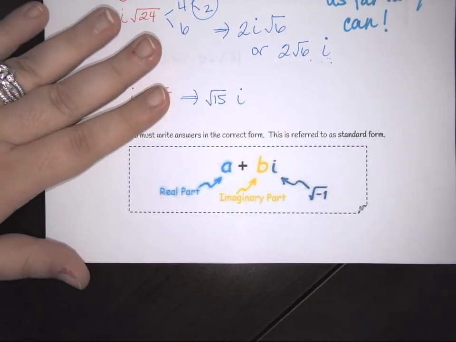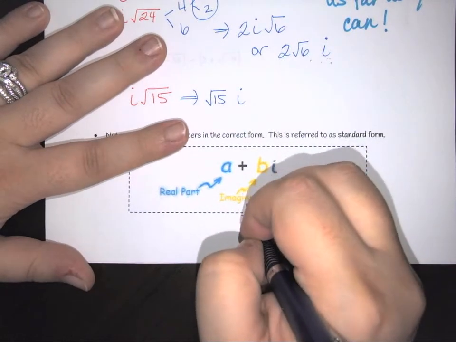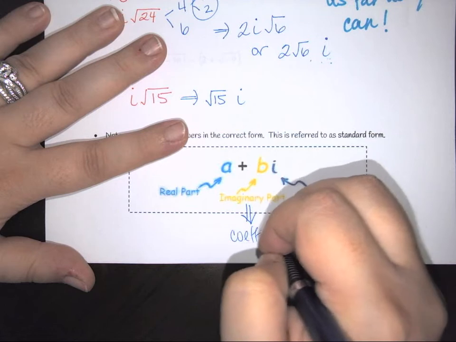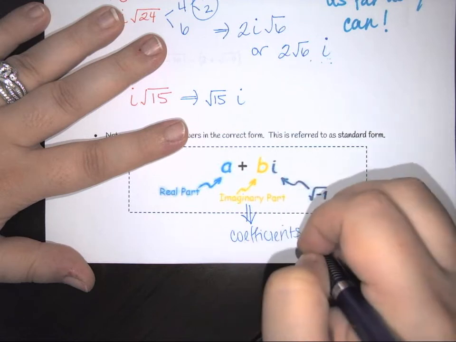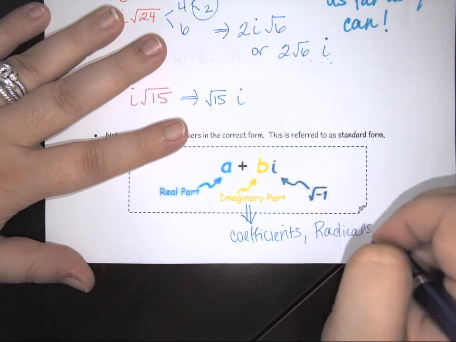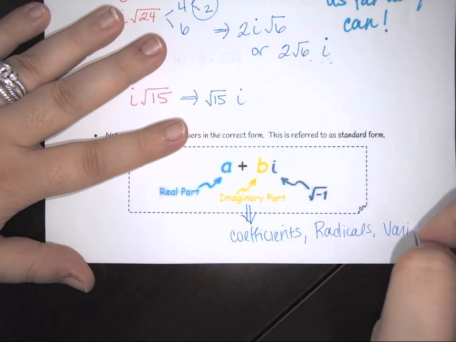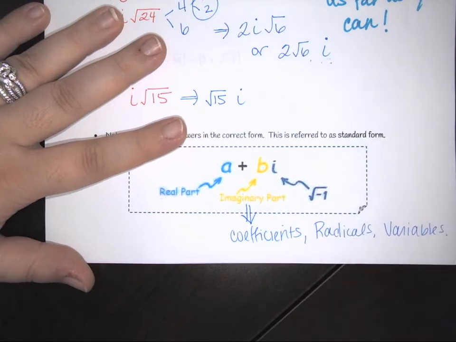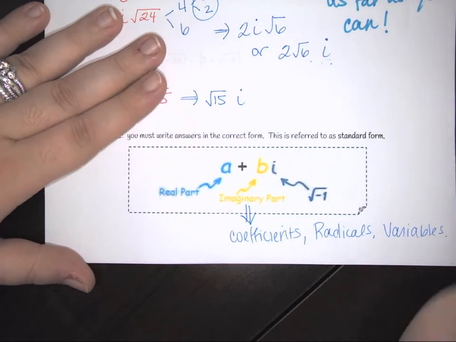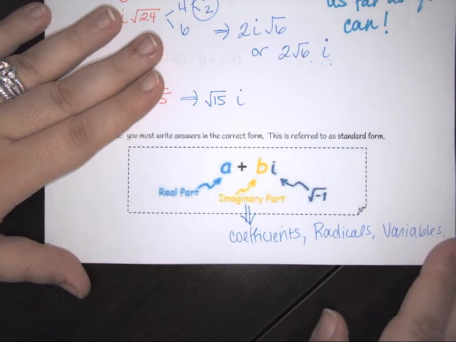So when we're talking about imaginary part, we are talking about the coefficients or the radicals or variables that we have. And then of course i is always off the back end. Okay? So that is standard form.